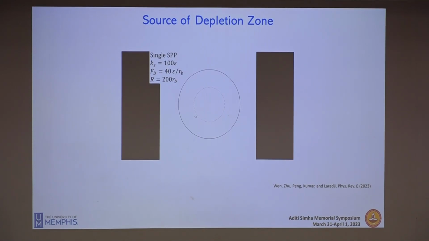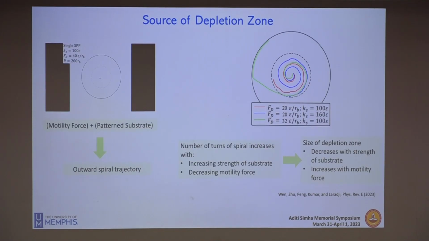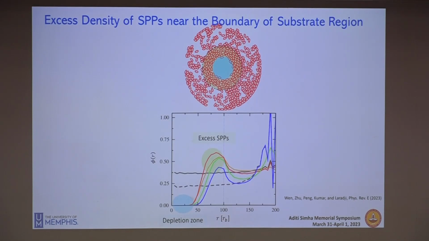So the substrate pushes the particle outward, outside the substrate region. And those are just trajectories of single particles depending on the driving force and the strength of the interaction that they have with the substrate. So that was for the depletion zone.